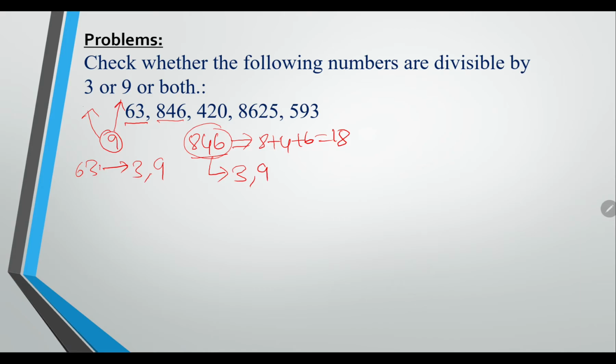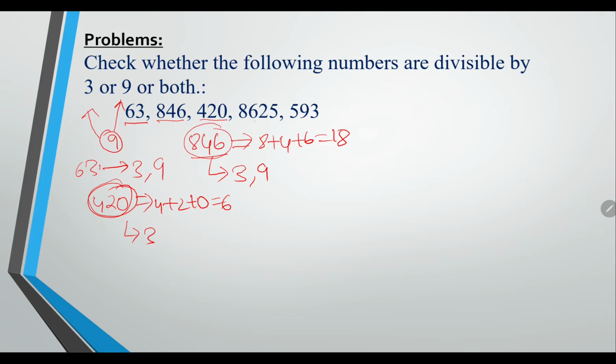Next, we consider the number 420, where its sum is equal to 4 plus 2 plus 0 is equal to 6, which is divisible by 3 only, and the whole number is divisible by 3 but not 9, as 6 is not divisible by 9.